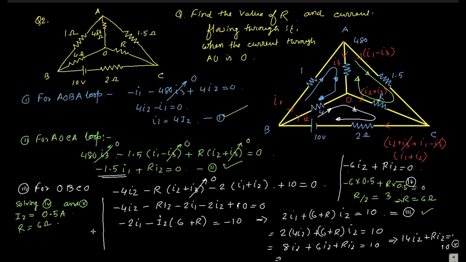Okay, so at OC, net current is equal to I2 plus I3, and I3 becomes 0, so it becomes 0.5 plus 0, that is 0.5 ampere. So this is the answer. The value of the resistance is 6 ohm, and the current flowing through the arc, that is the 6 ohm resistor, is 0.5 ampere.